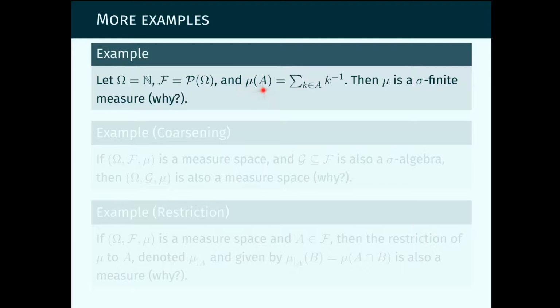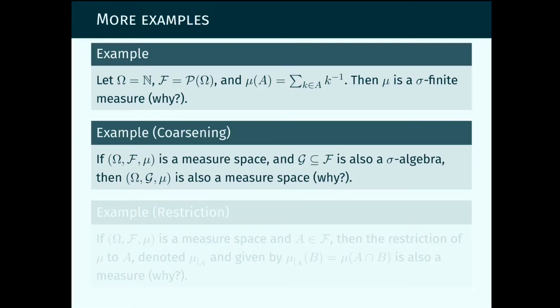And we define this function mu that assigns to a set A in this sigma algebra, which means any subset A of the set of natural numbers, the sum of 1 over k, where k should range over all elements of the set A. Then we can show, and I'll let you figure out the proof, that mu is a measure, first of all, and not only is it a measure, it is a sigma finite measure.